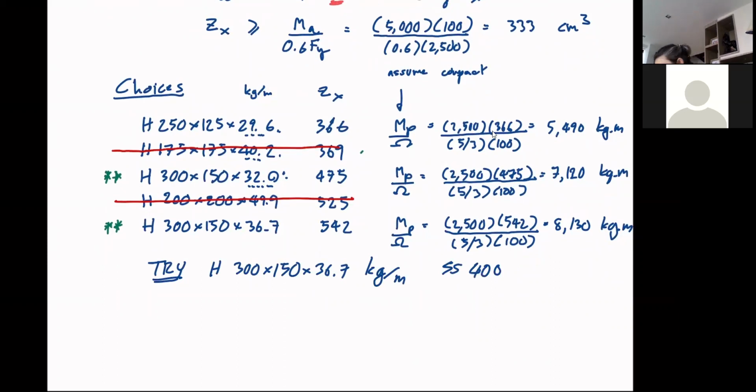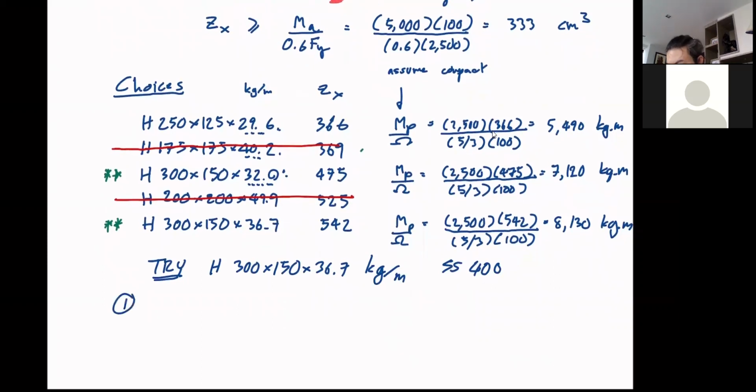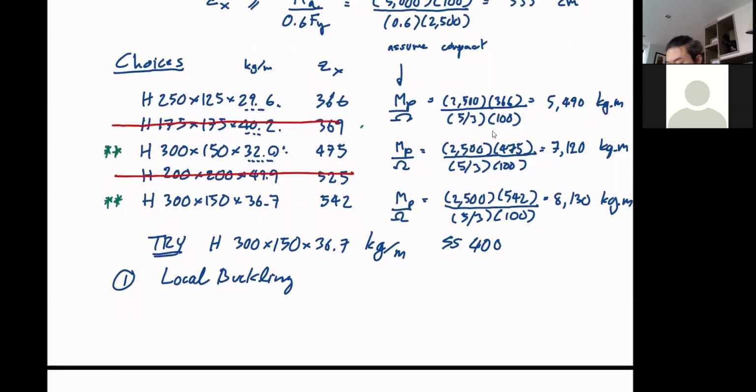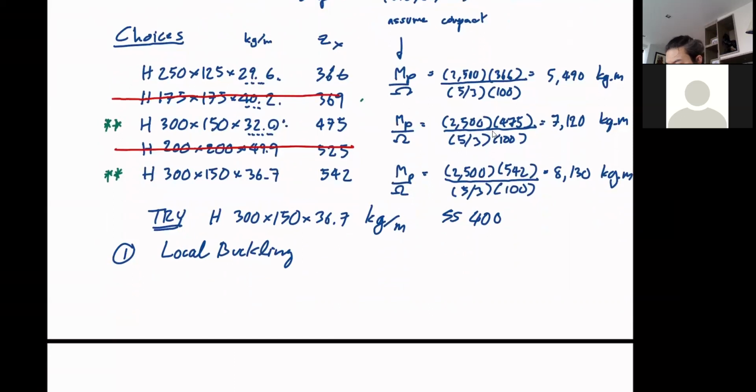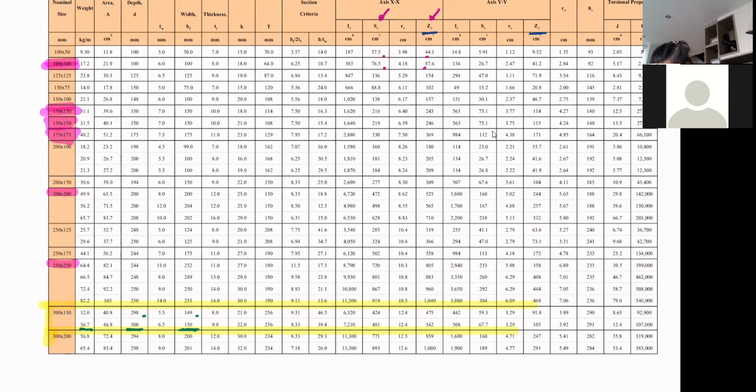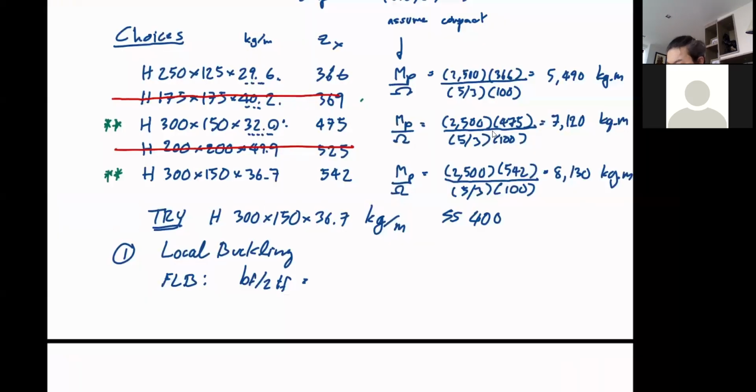Okay. Now the first one, local buckling. Sorry, I didn't write the properties of the section around here. The flange local buckling, the bf over 2tf is equal to, you can just come back here and look at this table, 8.33 and 39.4, right? 8.33, you know the number.